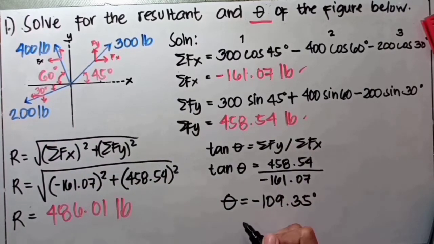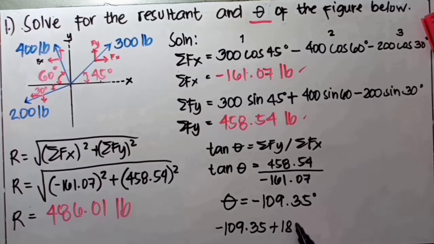Pero kung minus natin to sa 180, negative 109.35 plus 180, so the same lang yan siya, minus pa rin naman yan siya. So 180, ang magiging answer nito is 70.64. So ang resultant ay nasa 70.64 to the left.